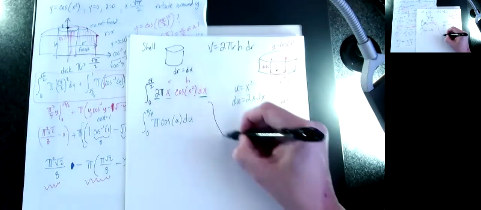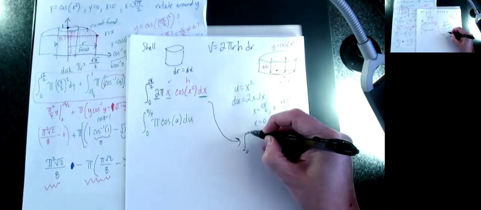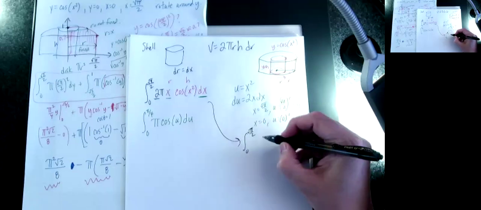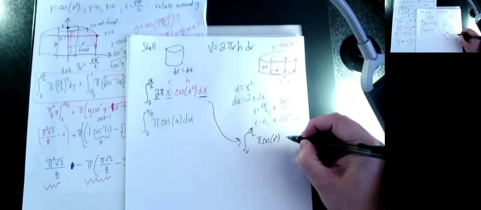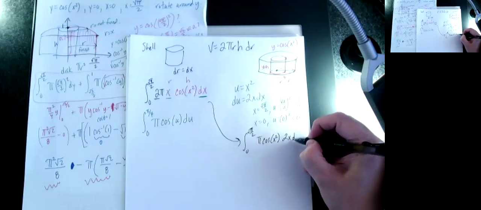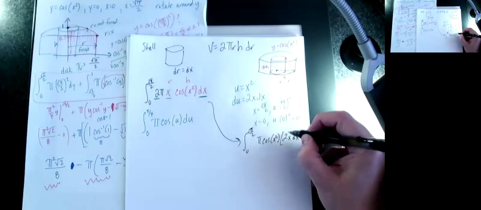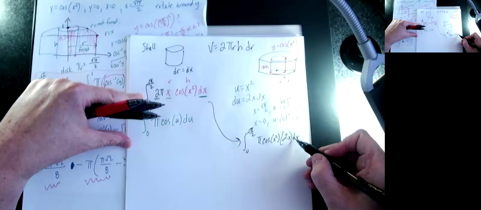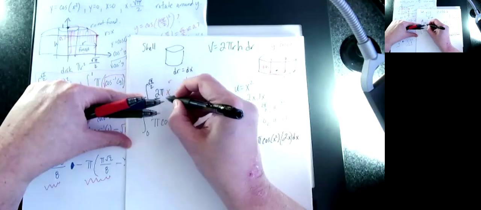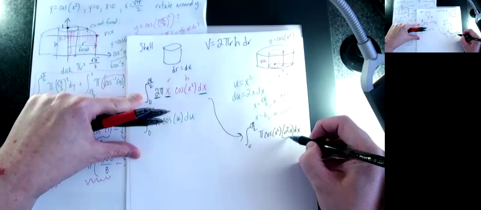So I could rewrite this. I'm just going to reorganize it real quick. Pi times cosine x squared. And then I'm going to put the 2x with the dx. So I kind of changed the order of everything. Does that make sense? There's my 2 and there's my x. I just moved them to the end. Okay.